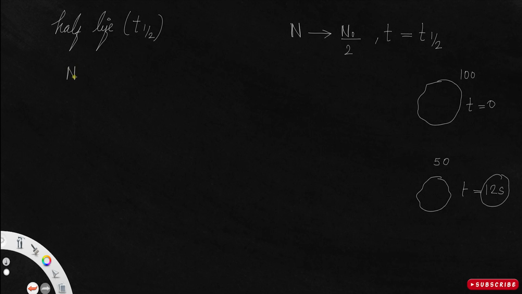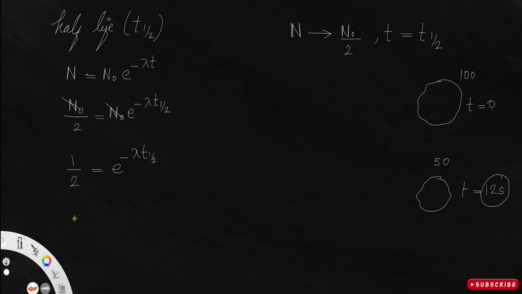So we have the expression n equal to n0 e raised to minus lambda t. Now I can replace this n with n0 by 2. So n0 by 2 equal to n0 e raised to minus lambda t. T becomes t half. Okay. N equal to n0 by 2, t equal to t half. I can cancel this n0. So we'll get half is equal to e raised to minus lambda t half.